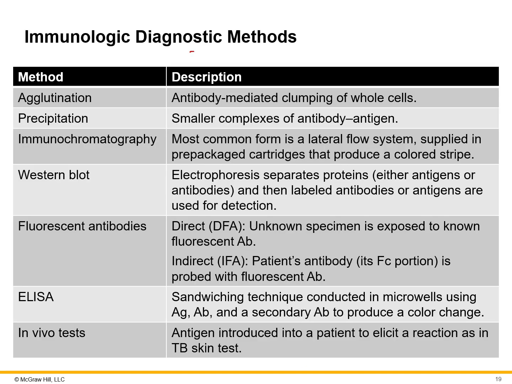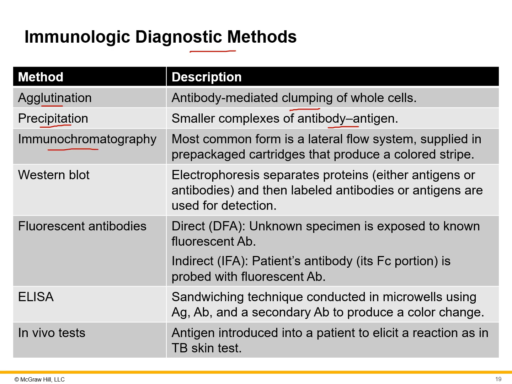Some of these diagnostic methods, and there are quite a few. Agglutination is where there's clumping whenever the antibody attaches to the cell, so it indicates the presence of antigen. We can get precipitation, where antibodies and antigens bind and make more of a solid, so it comes out of solution.